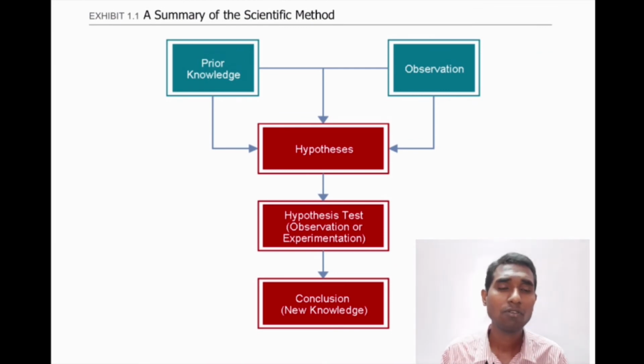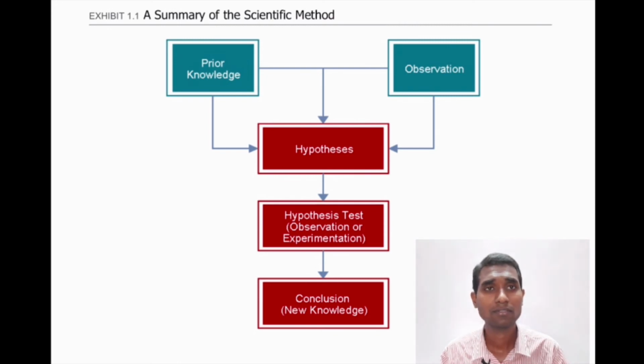You can look at this flow chart. We have some prior knowledge. Based on that, we make an observation and develop a hypothesis. We test the developed hypothesis using experimentation or observation. Then we reach a conclusion. This is how business research is carried out using the scientific method.